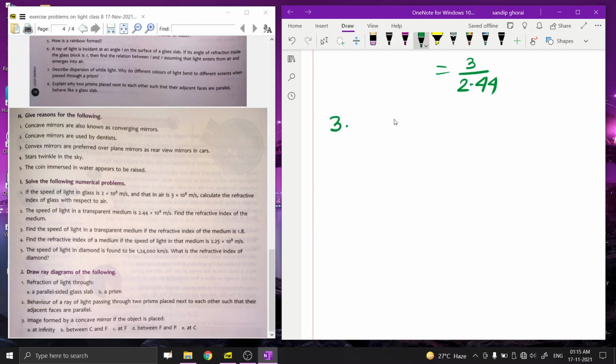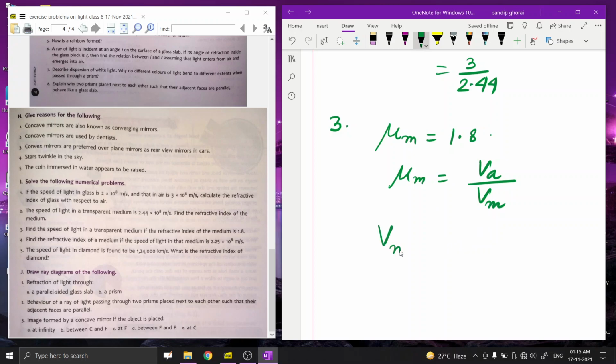Now we move to question number 3: find the speed of light in a transparent medium if the refractive index of the medium is 1.8. That means mu m is equal to 1.8. We know mu m is equal to Va divided by Vm, and here we have to find Vm.